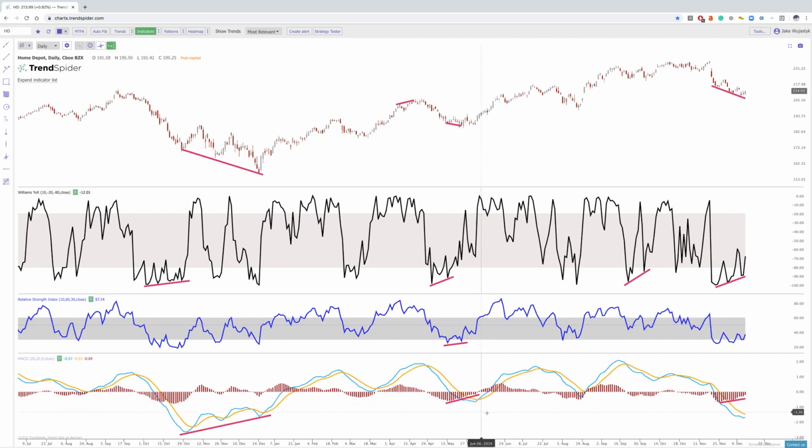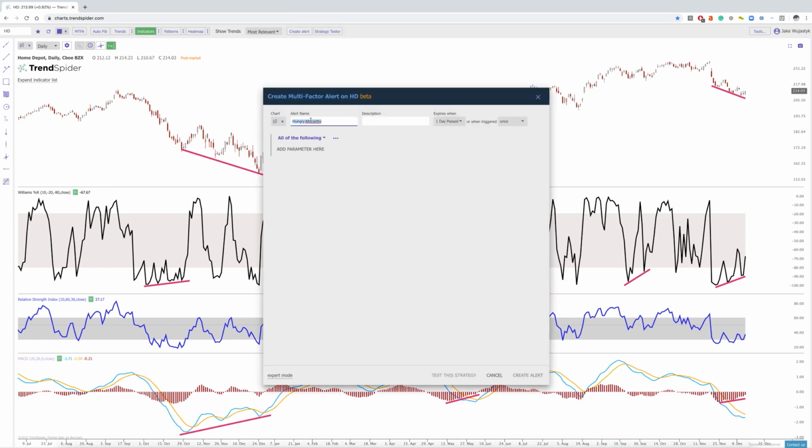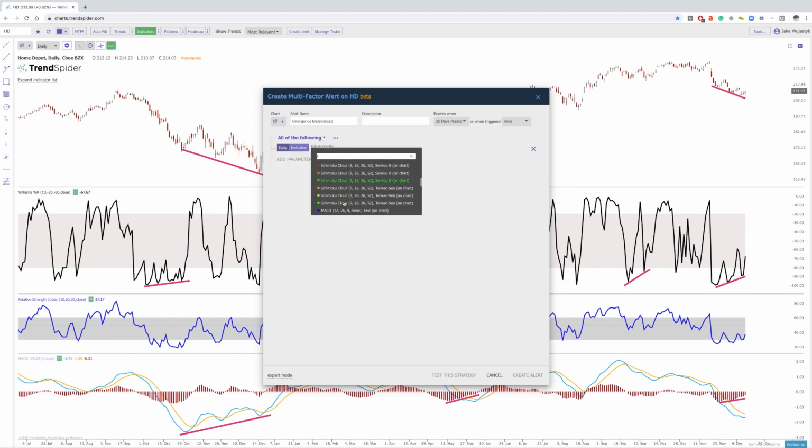So what I can do here is go to create alert, and then in this case, let's do divergence materialized, have it expire in, let's say, 25 days. And then my first condition is, as we mentioned, the daily Williams percent range crossed up through the constant level of -20.